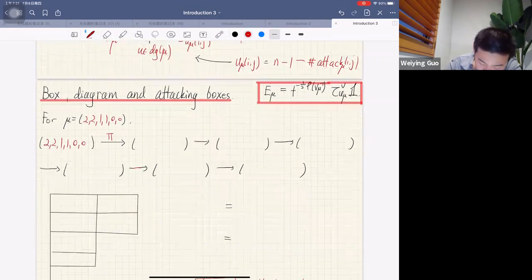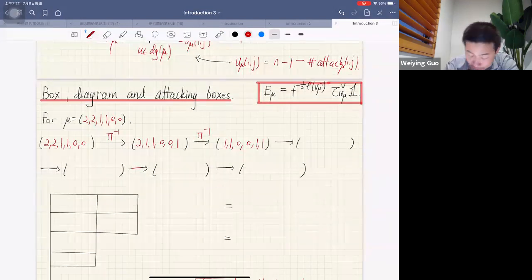We apply pi inverse, and the action of pi inverse does this. We apply pi inverse again, each time removing 1, and again, and we get 0, 0, 1, 1, 0, 0.